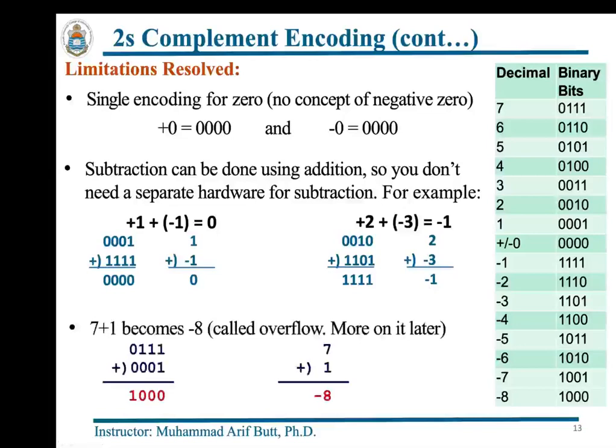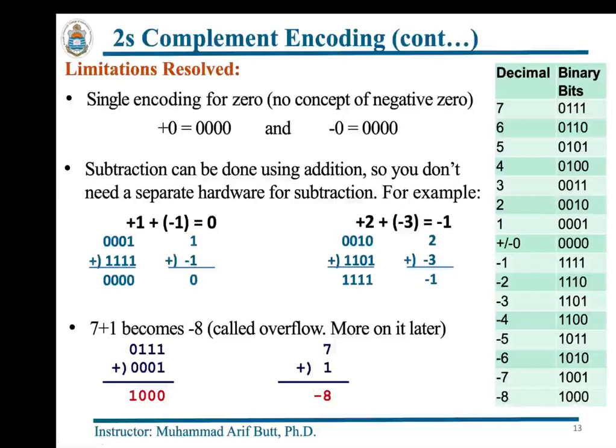However, if I add 7 plus 1, it becomes minus 8. So this is plus 7, this is plus 1, and once I add them up, I get this value in 4 bits. If I check the binary bits, it represents minus 8, while the answer should be plus 8. This concept is known as overflow.